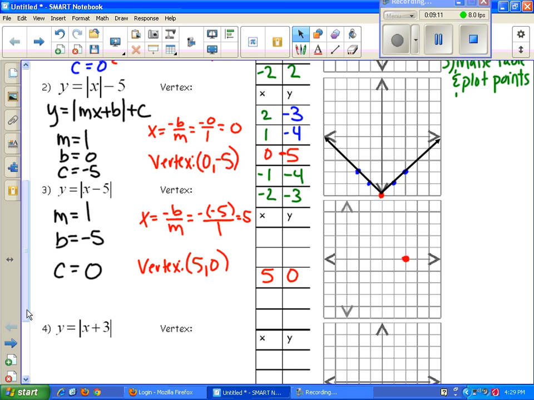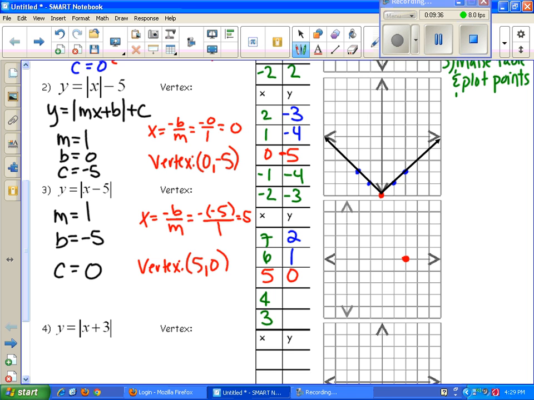So then the next thing I want to do is pick two x coordinates to the right of 5. So after 5 comes 6 and then 7. To the left of 5 would be 4 and 3. So if I plug 7 into my equation, 7 minus 5 gives me positive 2, and the absolute value of 2 is 2. If I plug in 6, 6 minus 5 is 1, the absolute value of that is 1.